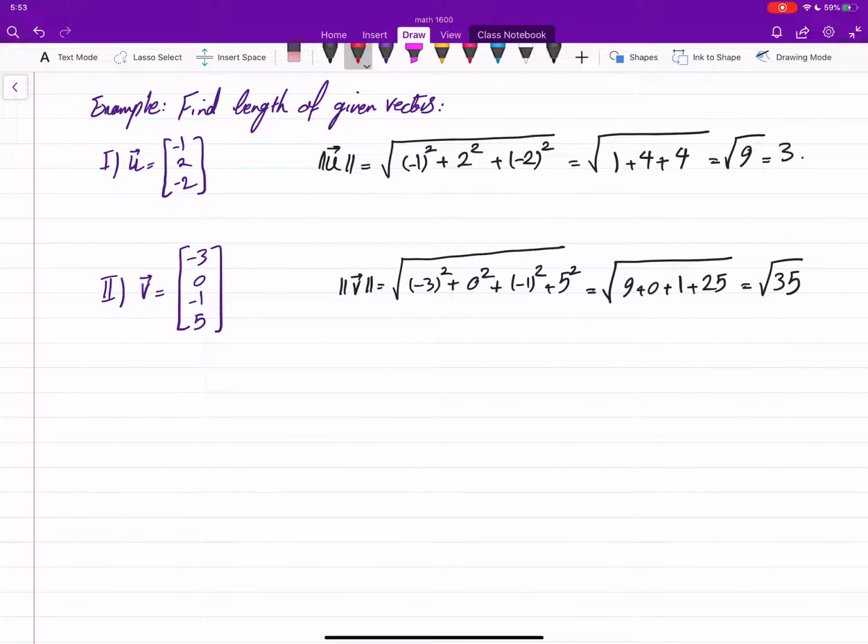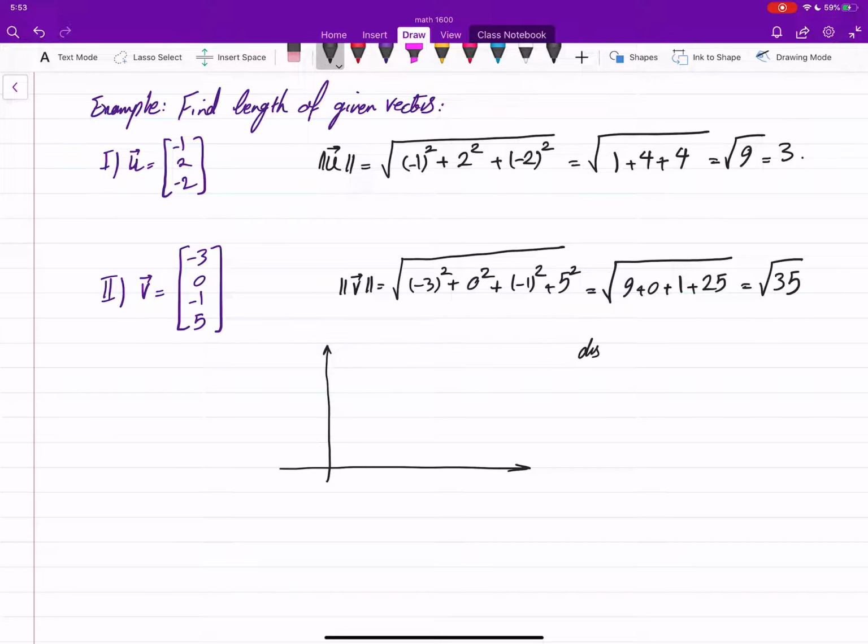Before we go to the properties, let me define the distance, and where the distance of two vectors comes from. This is how you compute the distance of two vectors.